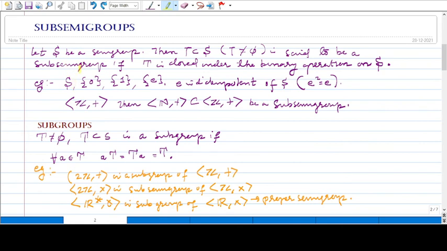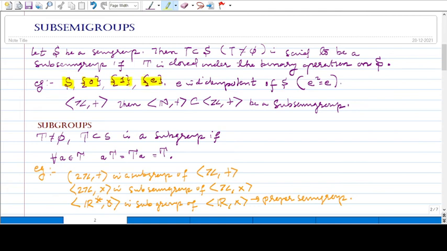What are the examples? The very proper examples for any semigroup would be the complete semigroup S, and the singleton set 0. If it has a 0 element, then the 0 element is a subsemigroup because any powers of 0 will be 0. Same like the identity: if it is a semigroup with the identity, then the singleton set of the identity will be a subsemigroup because any power of 1 would be 1. Now this is very nice.